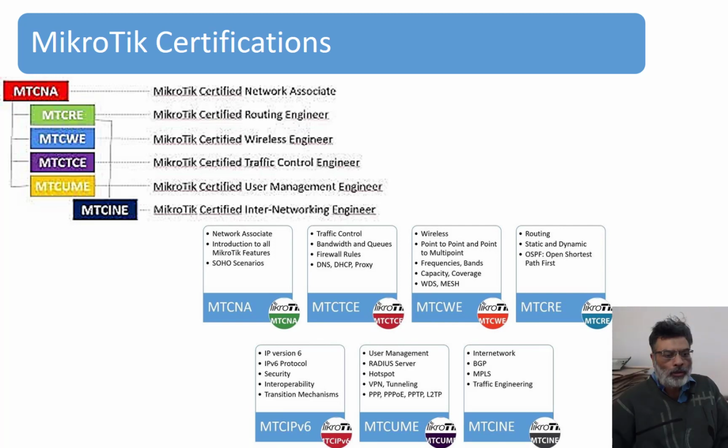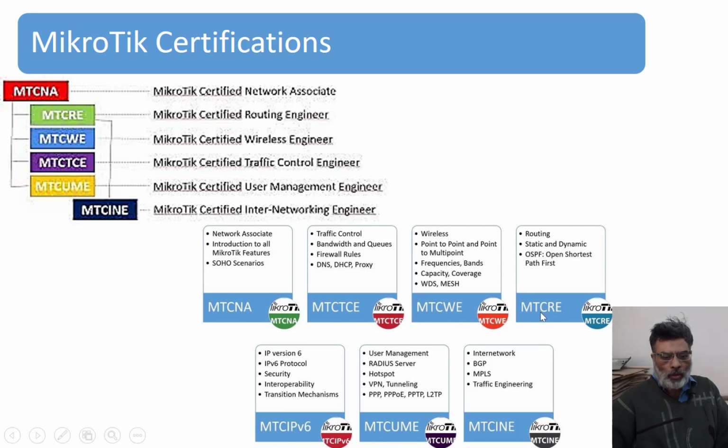So you can restrict the bandwidth from these queues and bandwidth rules, firewall rules, DNS, DHCP. Similarly, there is another certification which is called MTCWE. Basically, MTCWE is called Mikrotik Certified Wireless Engineer. In this series, we will discuss wireless point-to-point and point-to-multipoint connectivity, frequencies, band, capacity, coverage, WDS mesh.